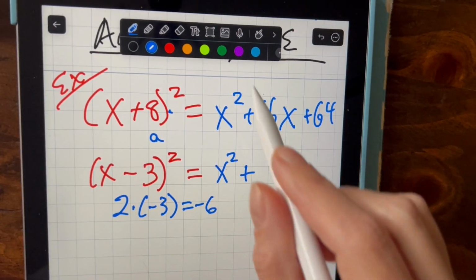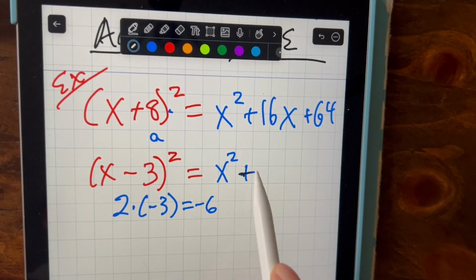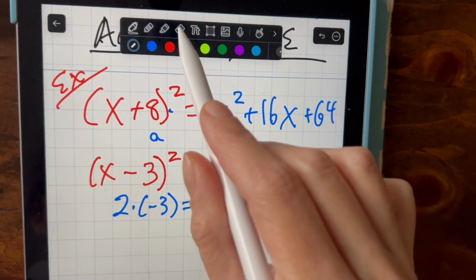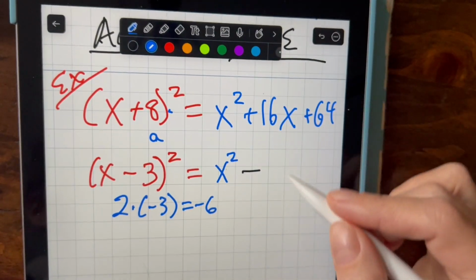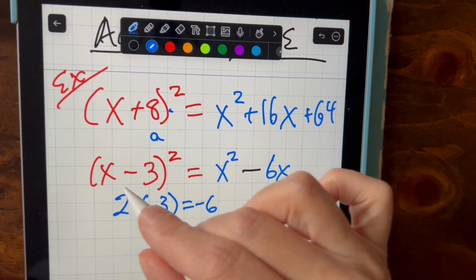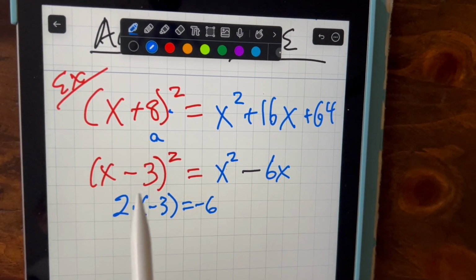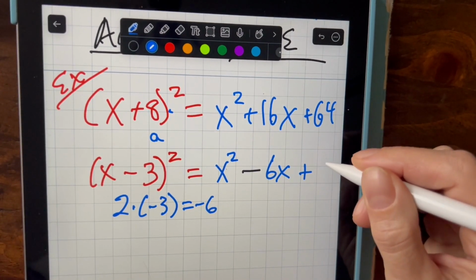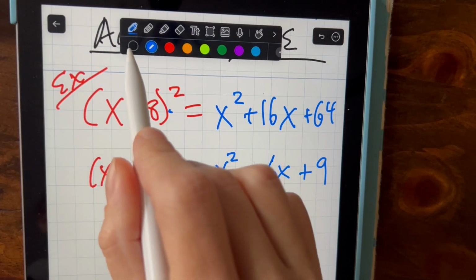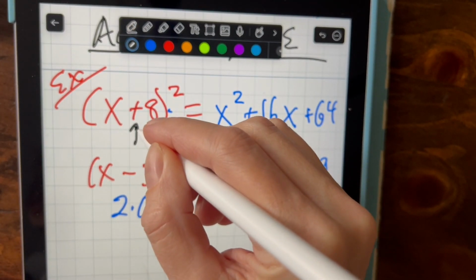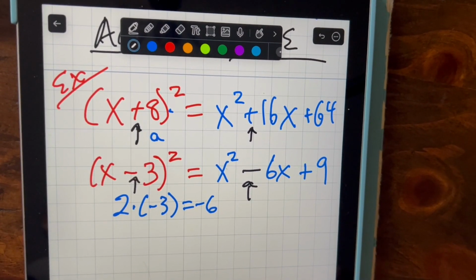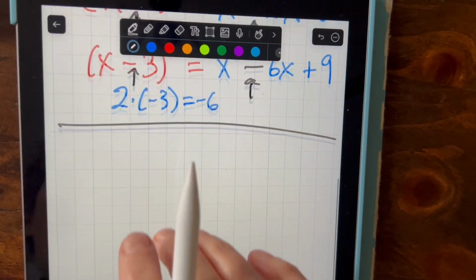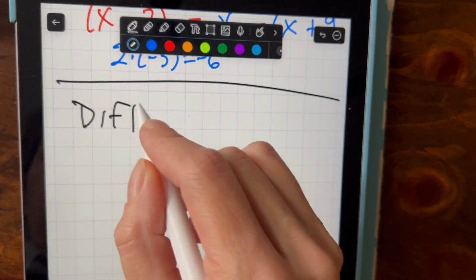So this plus turns into a minus, because it's minus 6x, double this. And then plus negative 3 times negative 3, squared, is positive 9. Boom, done. So here's the difference: when this is positive, this is positive. When this is negative, this is negative. Easy peasy.